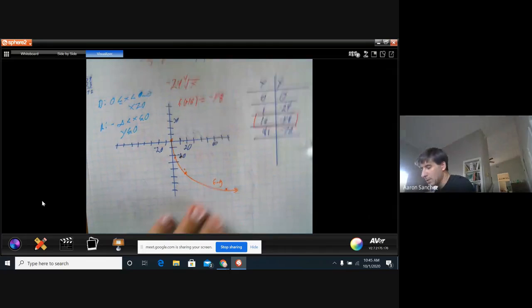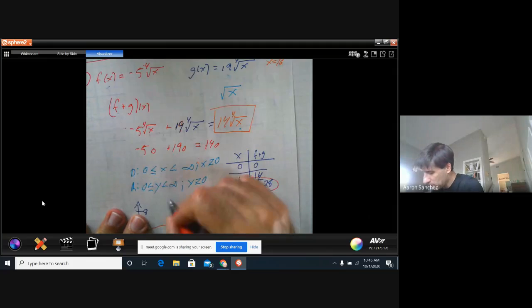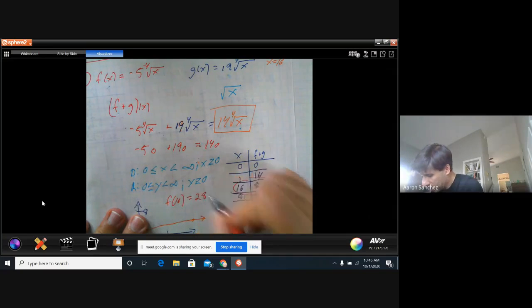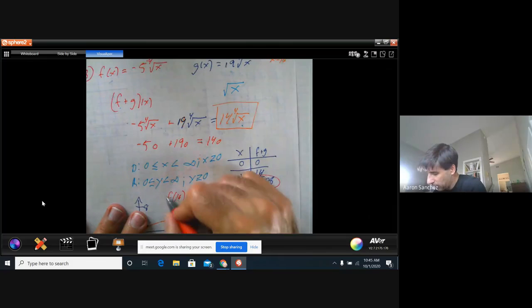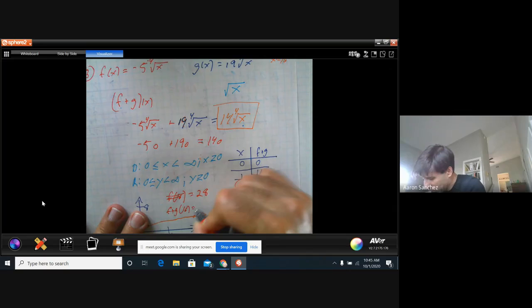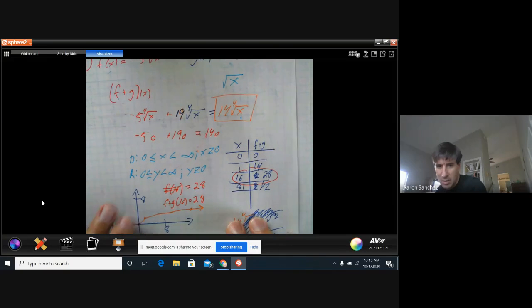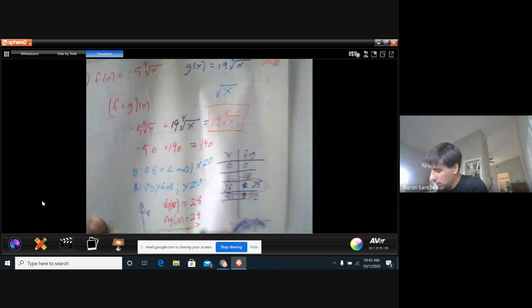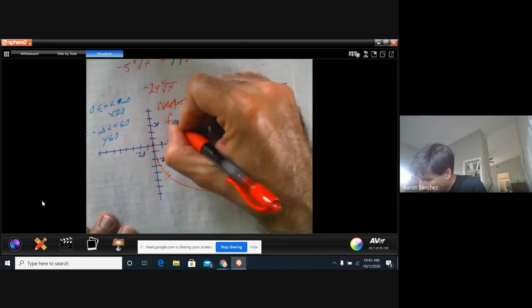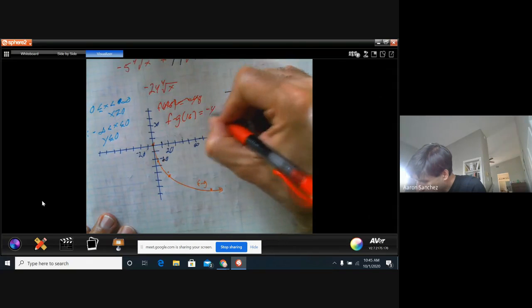And this one, our 16 here gives 28. So f plus g of 16 equals 28, and f minus g of 16 equals negative 48.